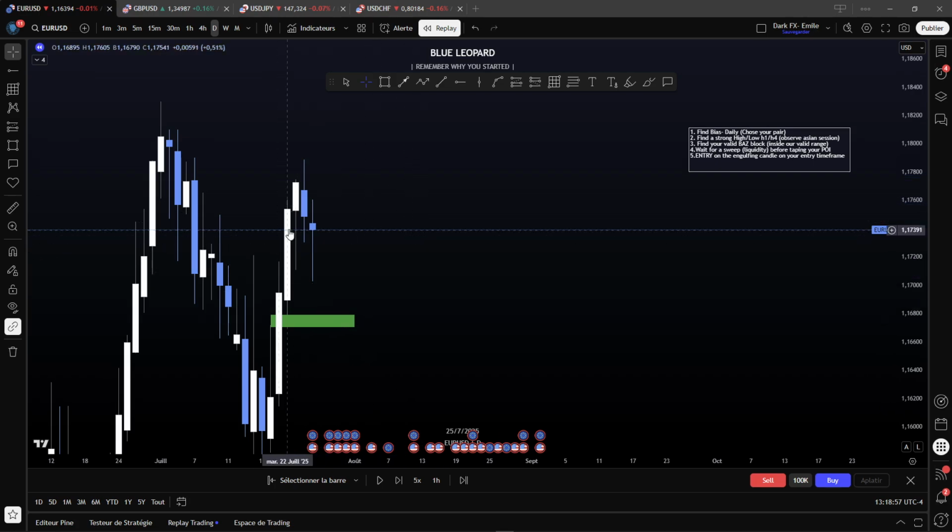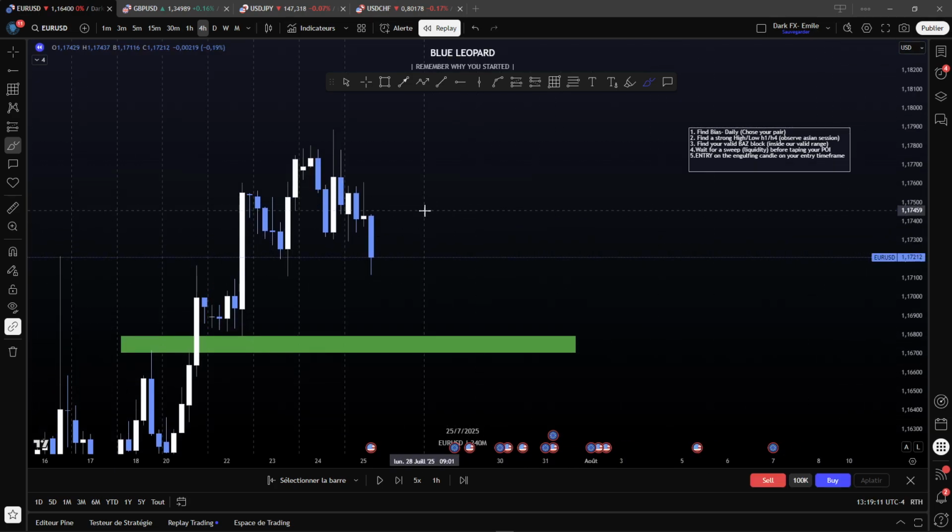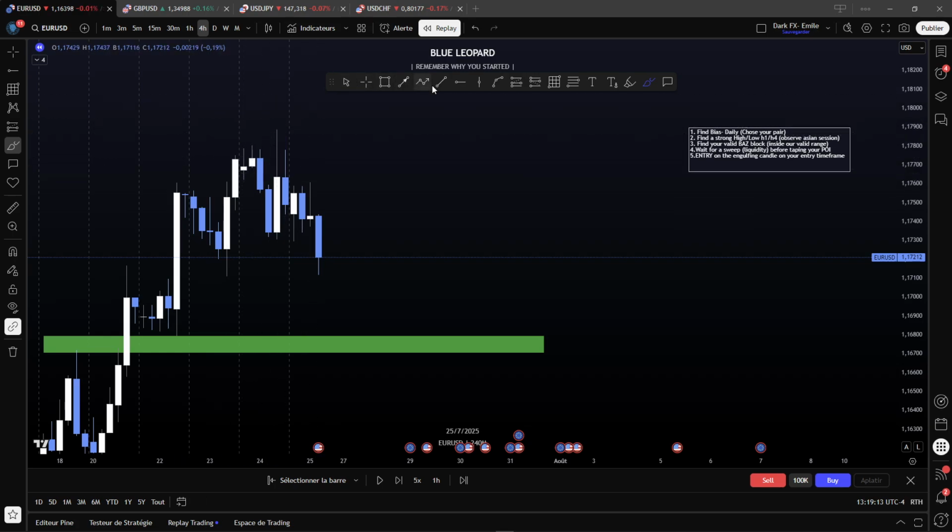If we are going to sell, we need to find a strong high to target inside this range. Let's go now on H4 and see if we have one. Remember, the strong high must be a sweep, then we must have a break of structure, and then we observe what price will do on a lower time frame.